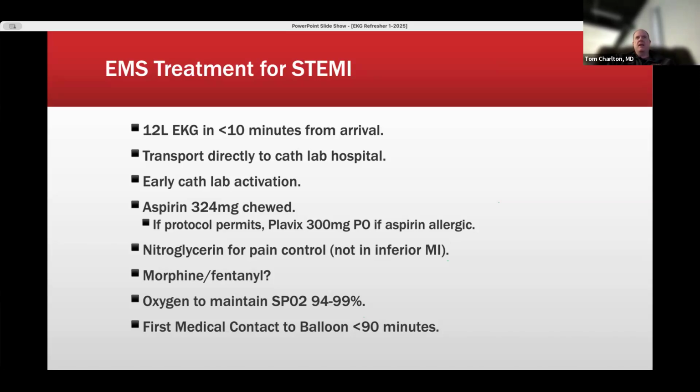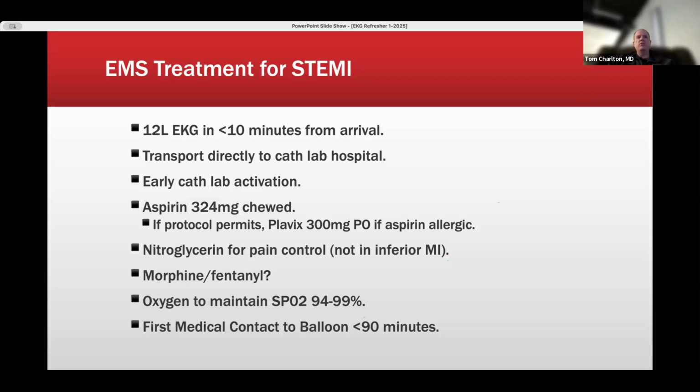So that's why getting activated as early as possible, so they can clear the table or get the people in from home, is super, super, super important. Again, for us, it's a moot point. We only transport to cath lab hospitals for the most part. But if you're working someplace rural, you want to take them directly to a cath lab hospital, including by helicopter if needed.